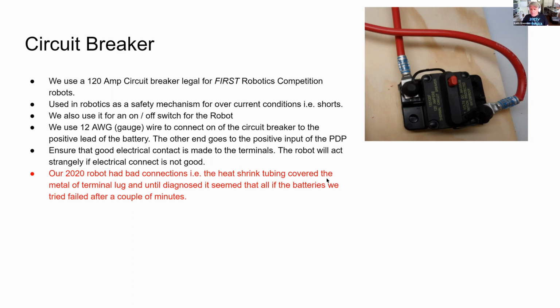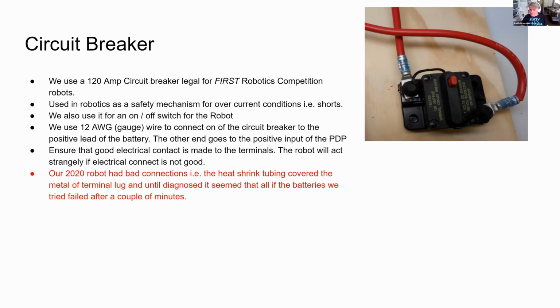When you're wiring up the robot, make sure there's good electrical contact. In fact, one of the problems we had with the robot a year ago, when we were preparing for competition, is someone had put heat shrink on the wire. And in fact, the heat shrink went all the way to the terminal here. Essentially, that was causing a very weak electrical connection.